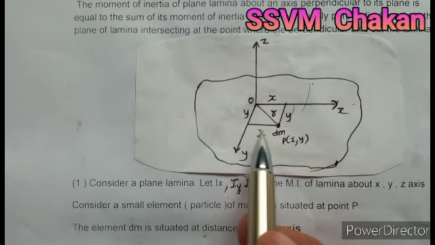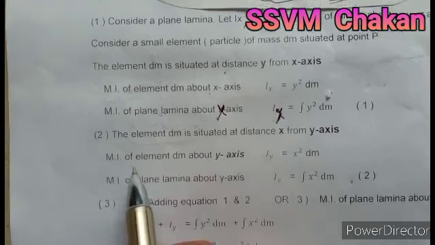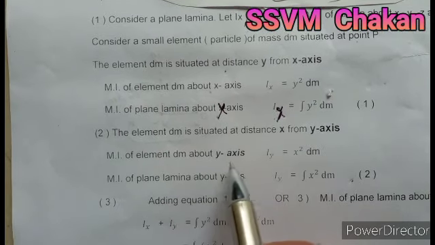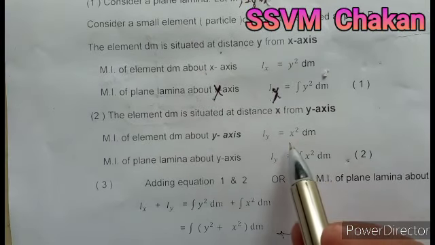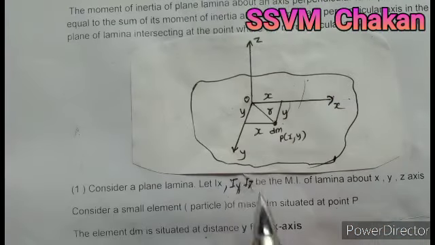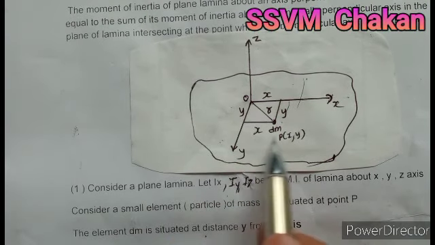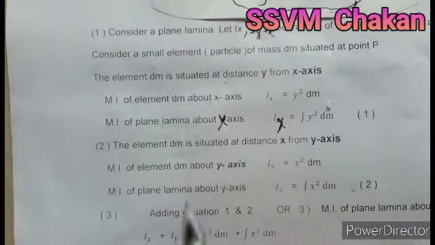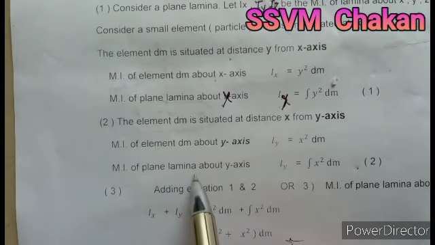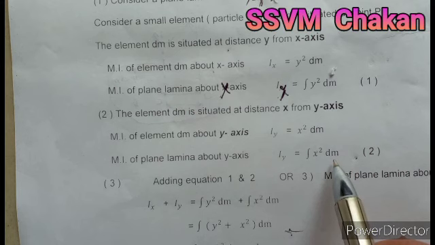Similarly, now we rotate this body about the y-axis. Moment of inertia of element dm about the y-axis, Iy, is equal to x square dm. But we are not rotating this single mass about the y-axis, we are rotating the whole lamina. So the moment of inertia of the lamina about the y-axis, Iy, is equal to integration x square dm.